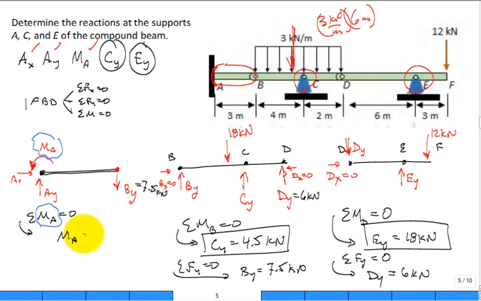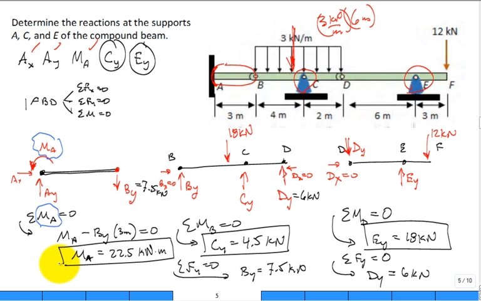And then I have minus B sub y times that moment arm distance for B sub y, which is 3 meters. That's equal to 0. I solve for the reaction moment at A, and find that it's 22.5, if that's right, kilonewton meter. Be careful of the units. Some people rush, they just put kilonewton. And then you want to do this, and you're done.